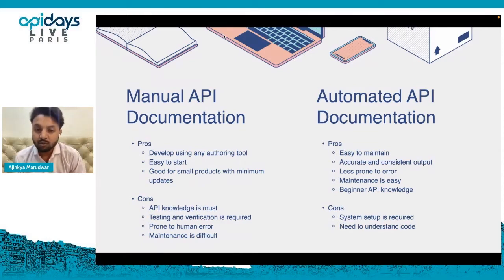That's enough to start generating the API documentation using the automation console that I will be showing you. The only con is that the system setup requires a bit of time. But if you have your system ready, or even if we clone the system configurations and everything, that's done, and everyone can start using the configuration settings.